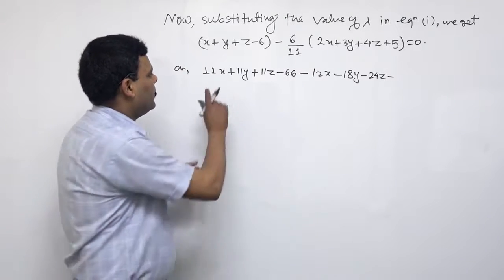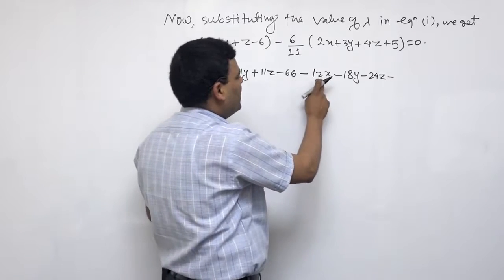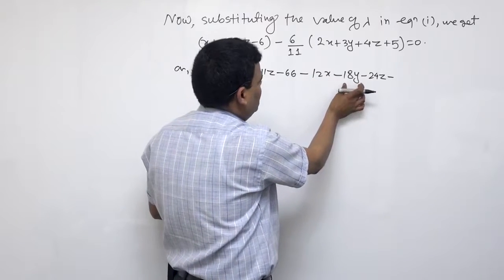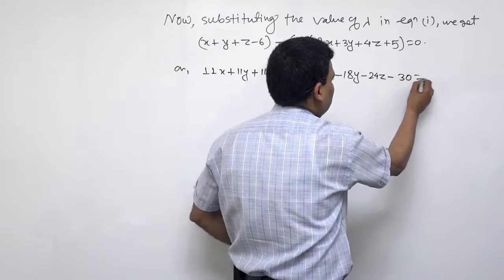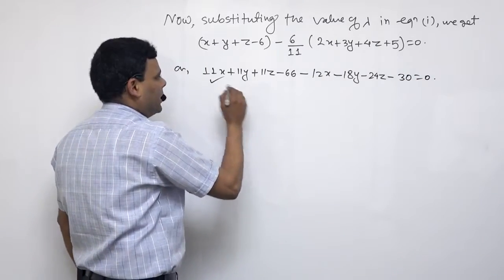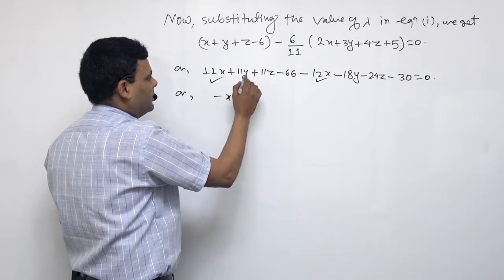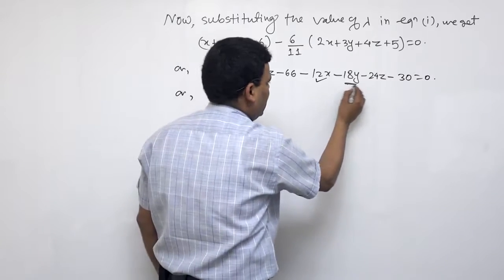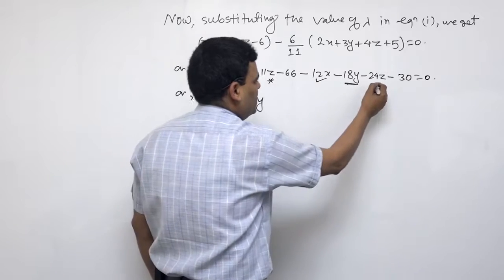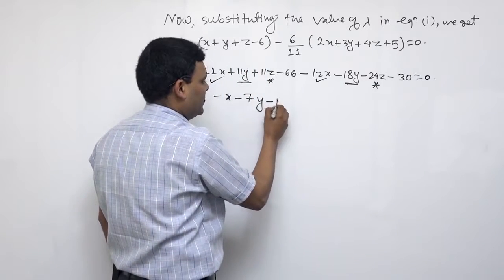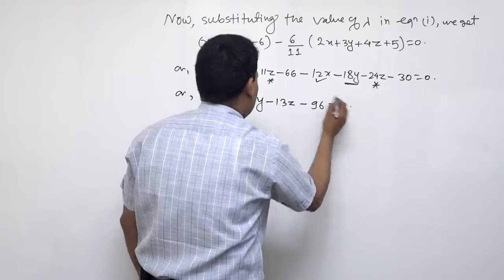On simplification, 11x plus 11y plus 11z minus 66 minus 12x minus 18y minus 24z minus 30 equals to 0. Adding and subtracting like terms, we get minus x, then 11y minus 18y is minus 7y, and 11z minus 24z gives minus 13z minus 96 equals to 0.